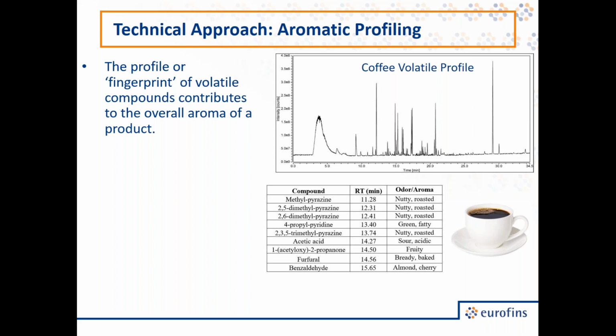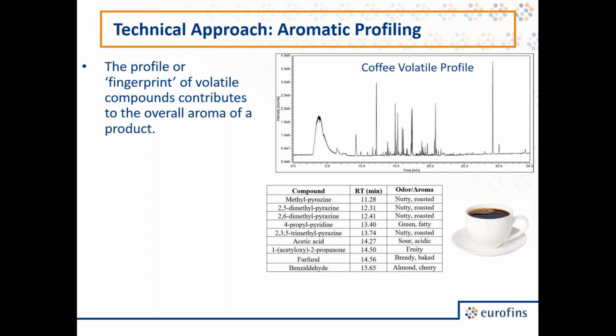And it is this profile that contributes to the overall aroma of a product. So for example, on this slide, I have the profile of a coffee type product. And each of the peaks you see in this image corresponds to a different chemical compound that's part of the volatile profile. And below I have a table where we've identified a number of these.